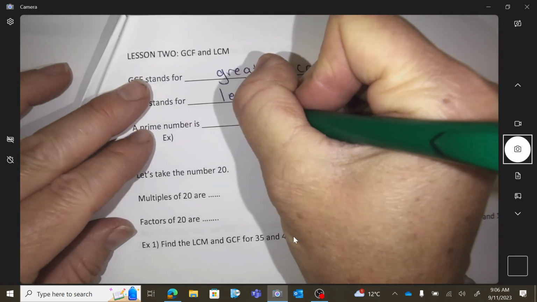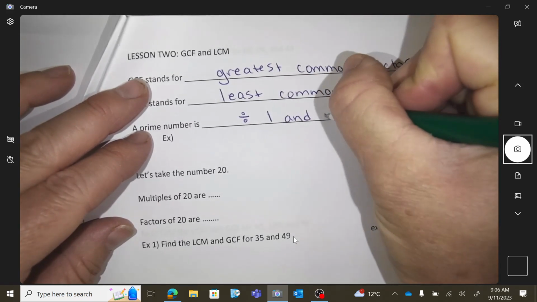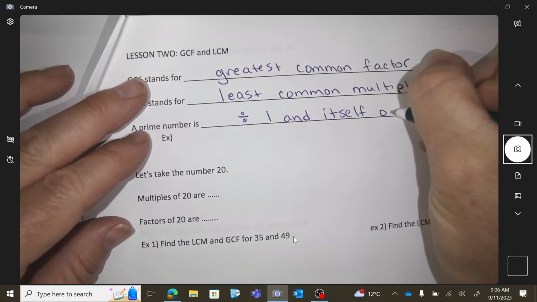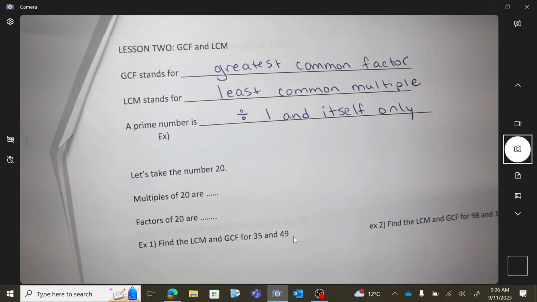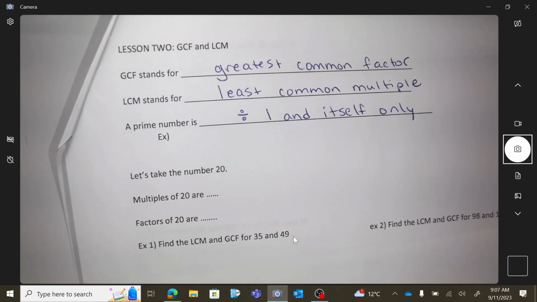So a prime number is divisible by 1 and itself only. Okay, so what are some prime numbers? What is the first prime number, if you start counting, the first prime number we get to? 1 is actually not a prime number because it's just 1.